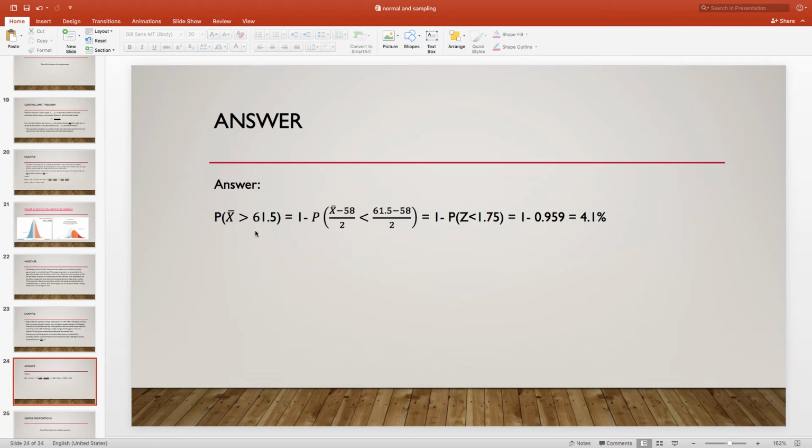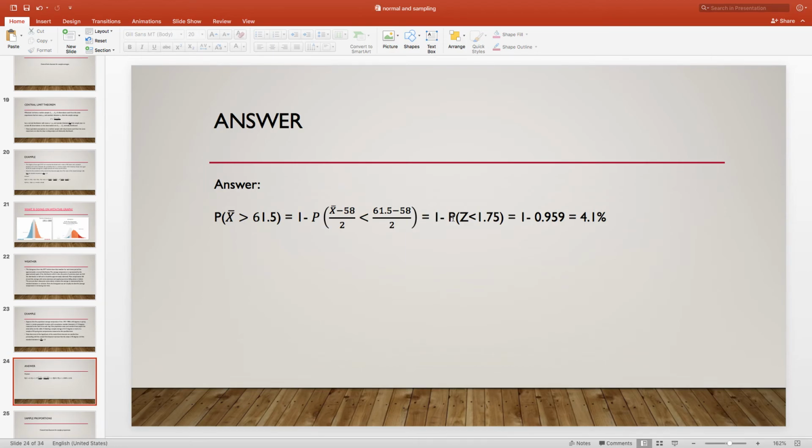So I want to calculate the probability I get a sample average of greater than 61.5 degrees. So I do the z-score and I do the complement rule if I'm using the tables, okay? So I do 1 minus the probability. I take 61.5 minus 58 degrees. I divide by its standard deviation. And remember, this 2 comes from the central limit theorem.